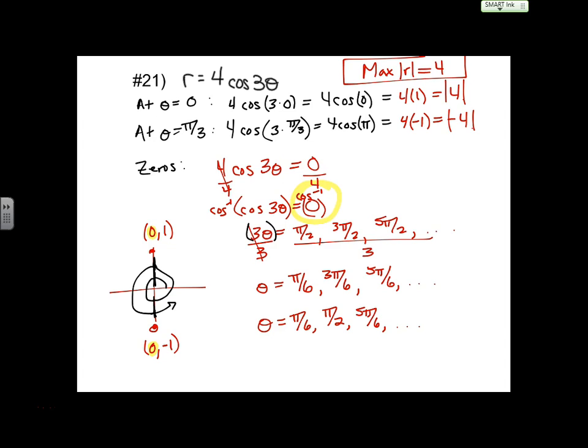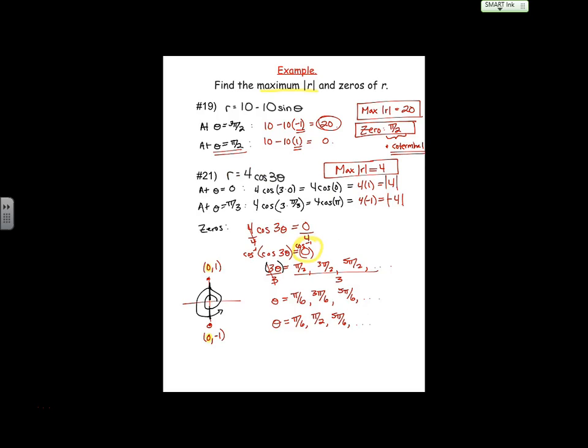Yeah. Well, true, but 3 pi over 6 reduces to pi over 2. So you get the pi over 2s and the pi over 6s. So then my zeros, to make it simplistic without going into coterminal notation, you could just say when theta equals all the pi over 6 angles and the pi over 2 angles.